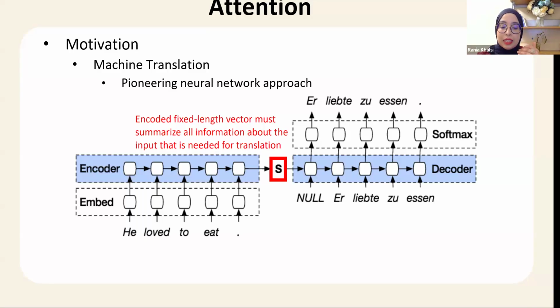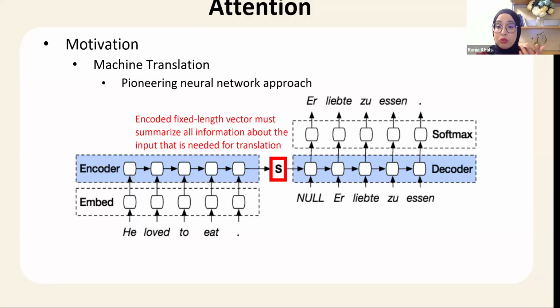So this constraint is a fundamental weakness of early RNN-based or LSTM-based encoder decoder architectures. Even though RNNs can technically process sequences of variable length, representing the final output using a single summary vector limits the model's capacity to handle longer range dependencies.